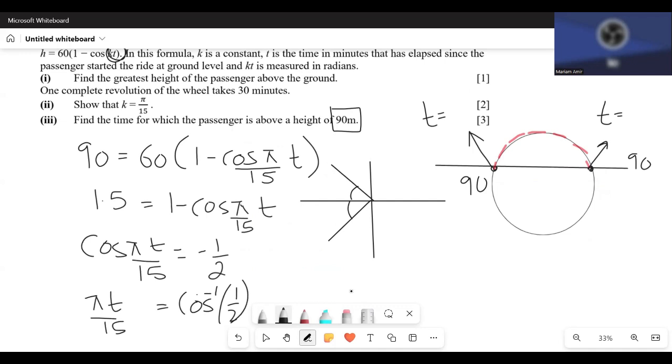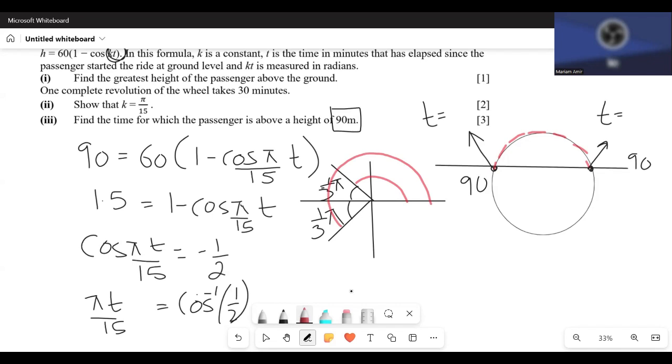Okay, so cos inverse half is 1 by 3 pi. So we get 1 by 3 pi here and 1 by 3 pi here. That gives us the actual angles pi minus pi by 3 and pi plus pi by 3.